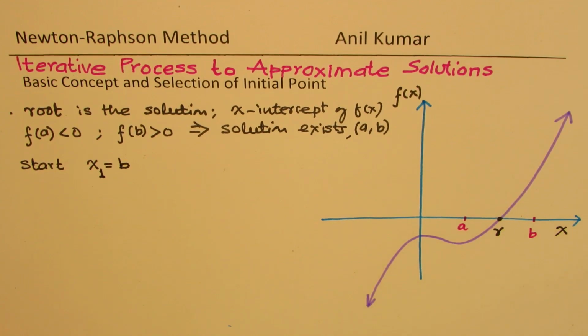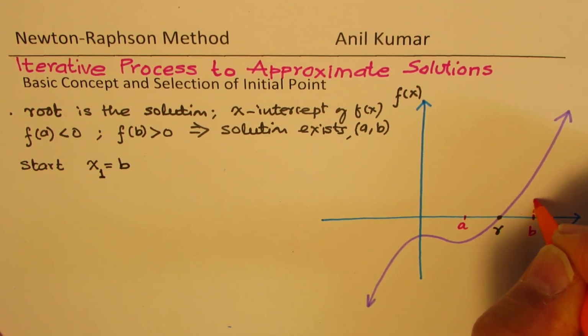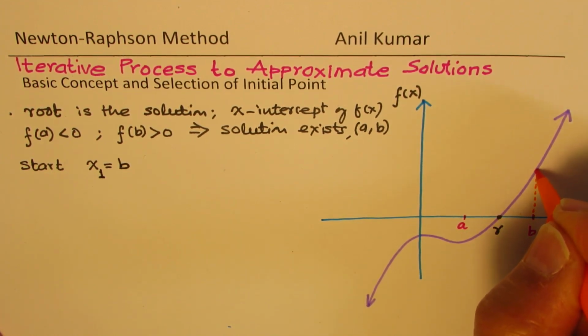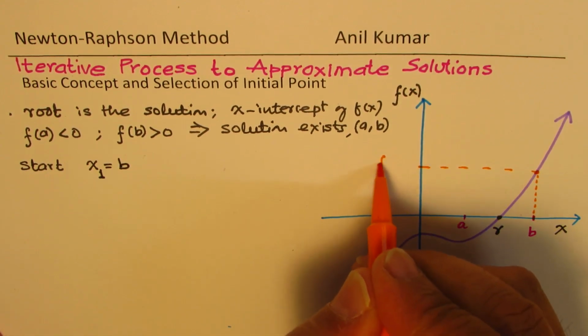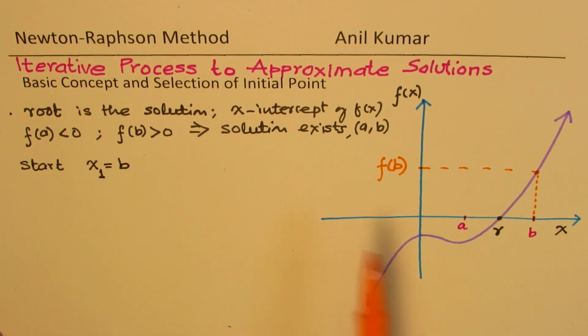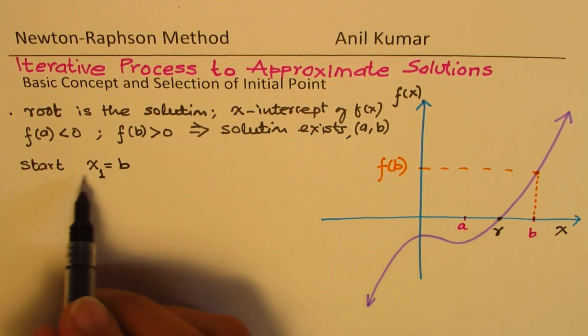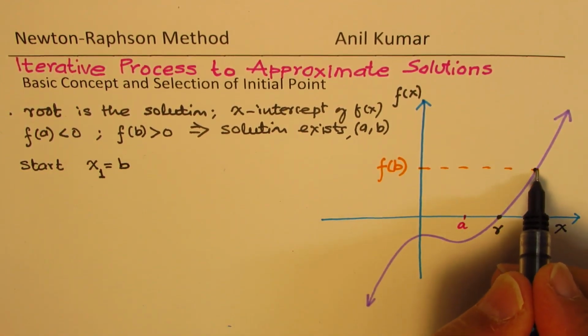At this x value, on the function, we get a point, and this value on the function will be f of b, right? In our case, b is x1. So from x1, what we get is a point on the graph.